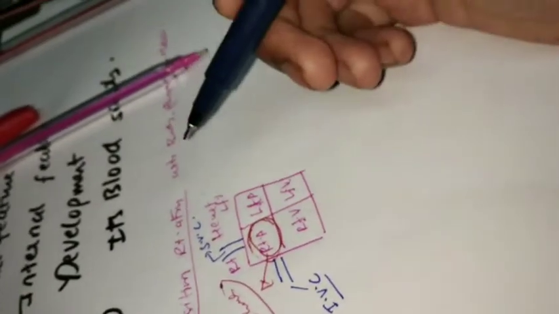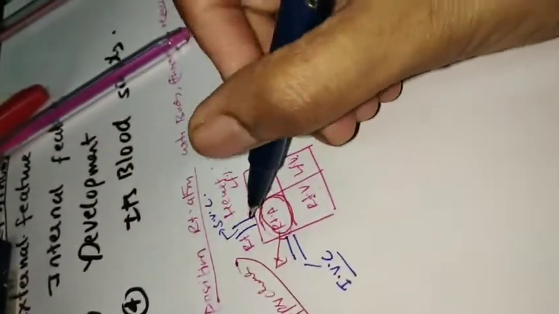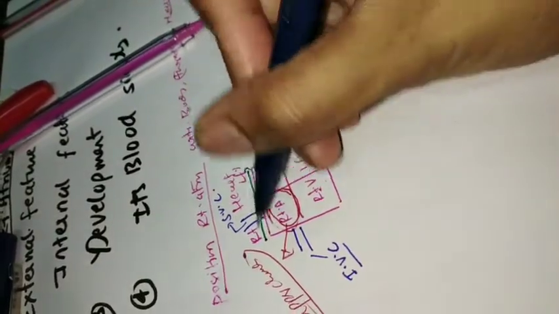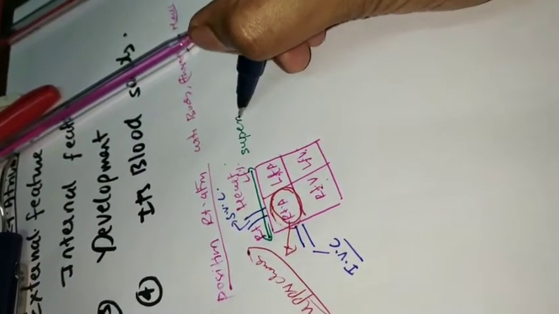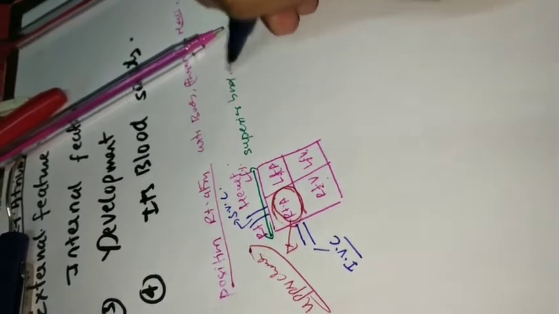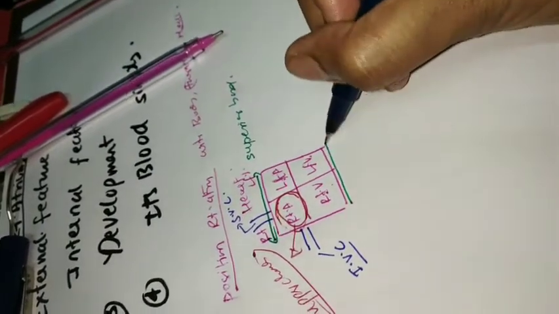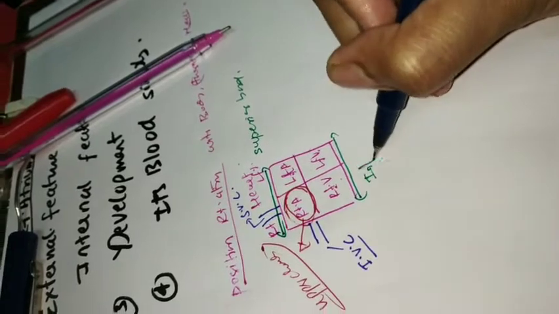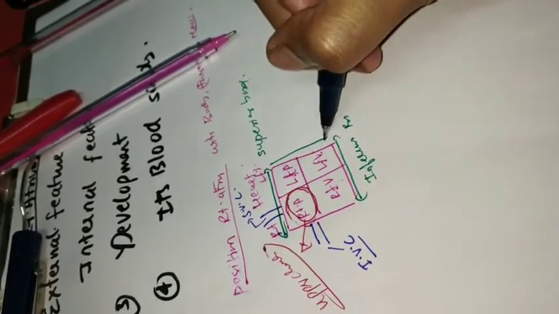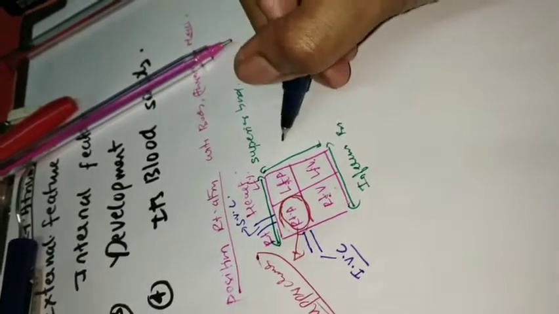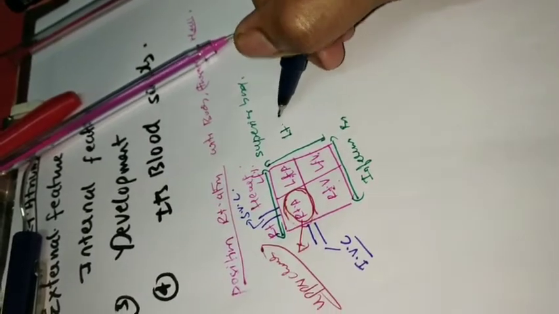So let me tell you about the borders of this heart. This whole area is your superior border. This is your inferior border. This is your left border.